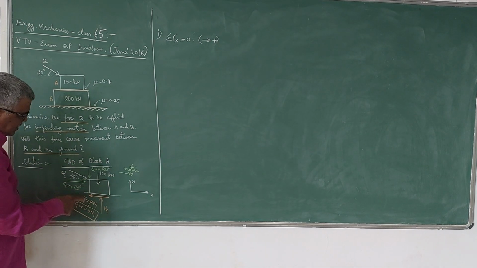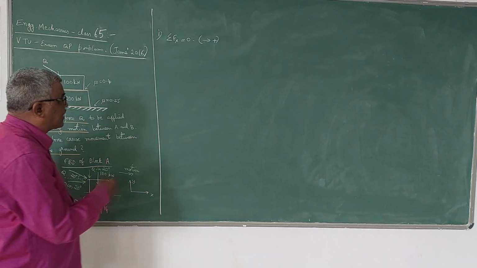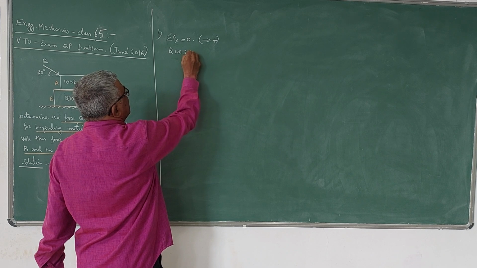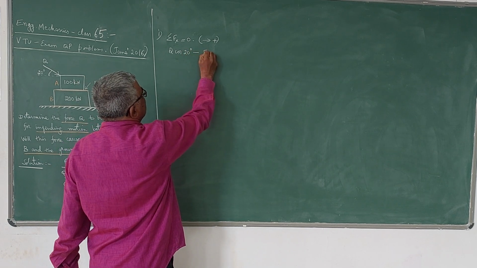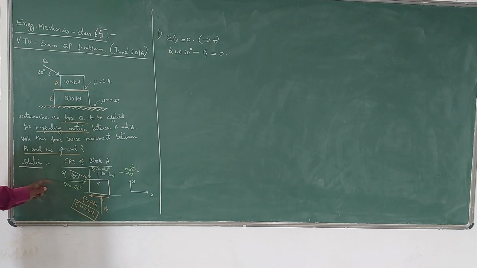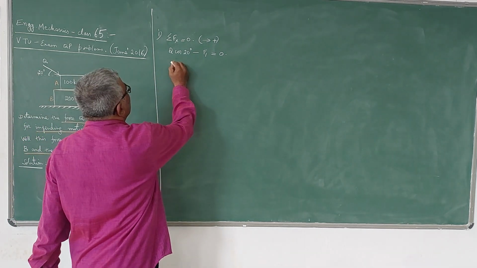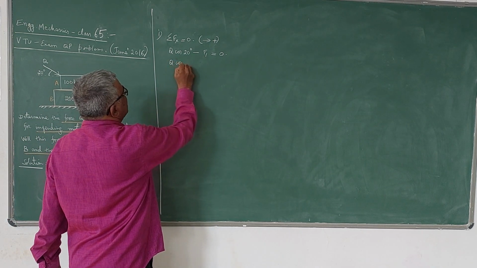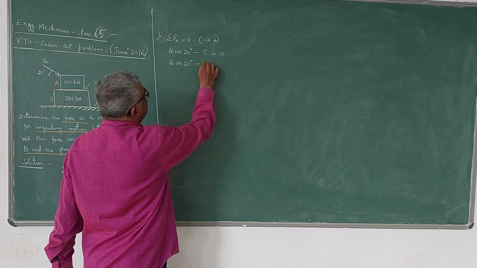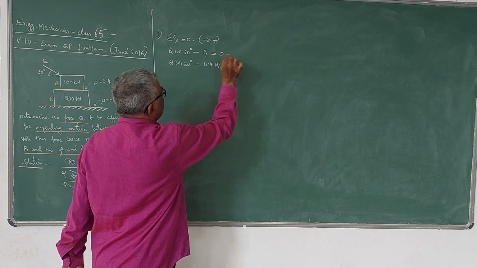Here Q cos 20 is acting towards right, F1 is acting towards left. So only two forces are there in the x direction, one acting towards right, another acting towards left. So Q cos 20 is positive, minus F1 is equal to 0. Now I can write this as Q cos 20 minus 0.4 times N1 is equal to 0.